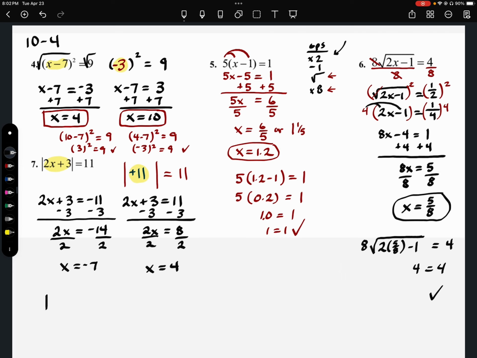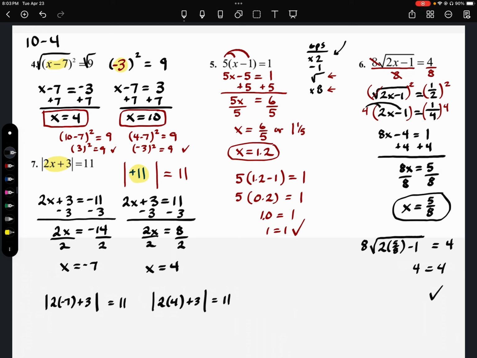And for checking purposes, since we've checked everything else, let's go ahead and do this. 2 times negative 7 plus 3 in the absolute value bracket should equal 11. And 2 times 4 plus 3 should end up equaling 11 as well.